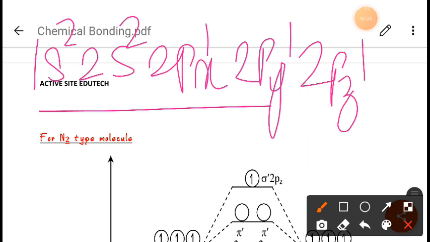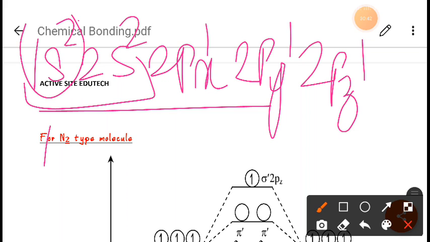So there are 14 electrons in the N2 molecule, because it is 7 from each atom. Among these 14 electrons, 4 are in the K shell, that is the 1s subshell.